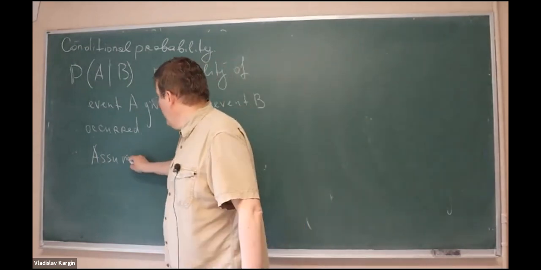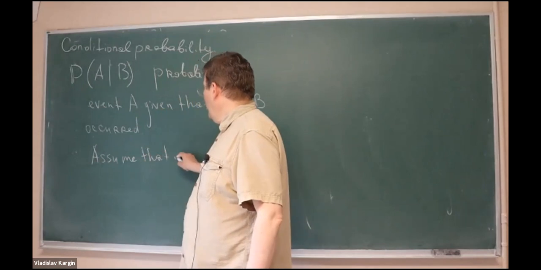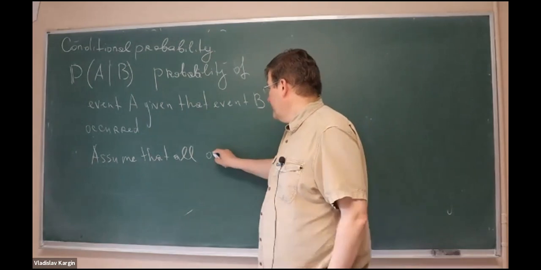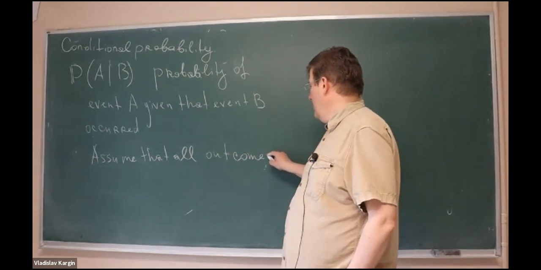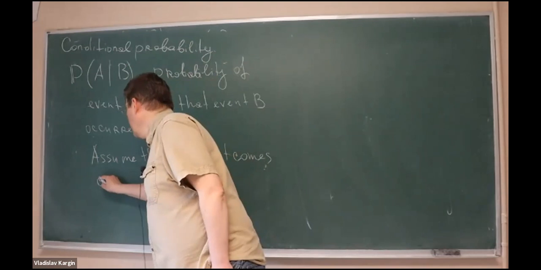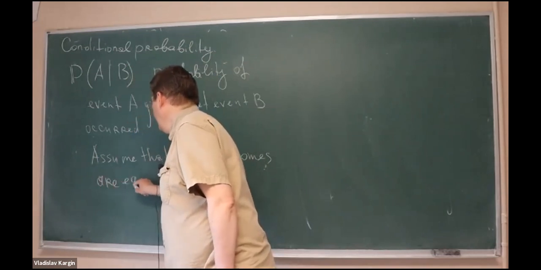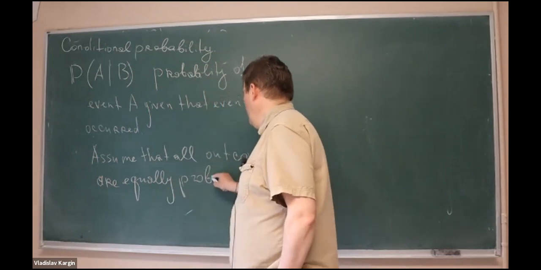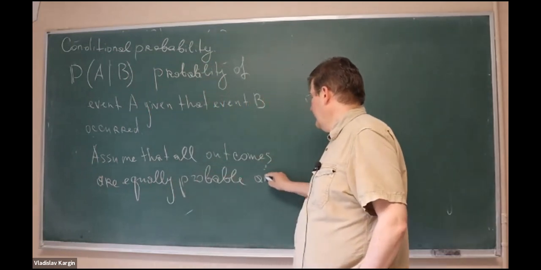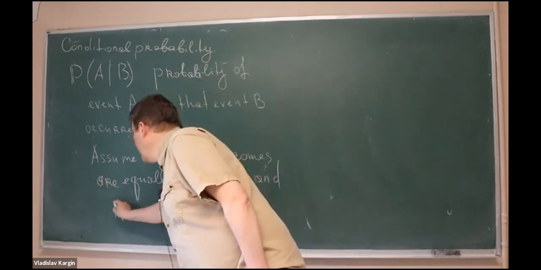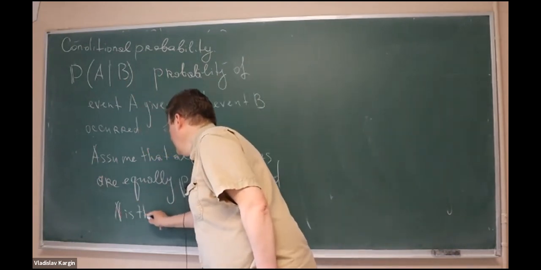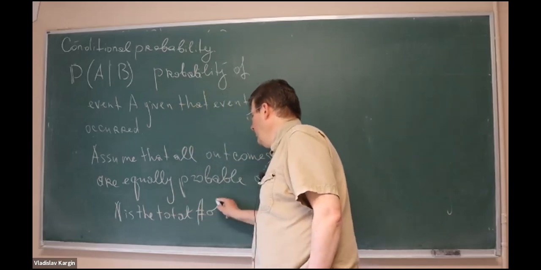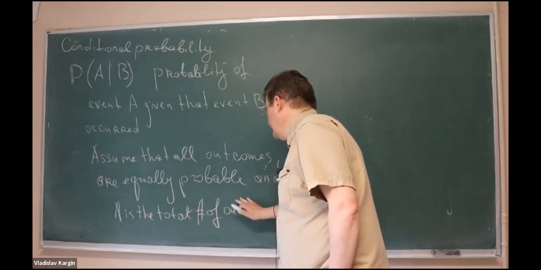So assume that all outcomes are equally probable, and n is the total number of outcomes.